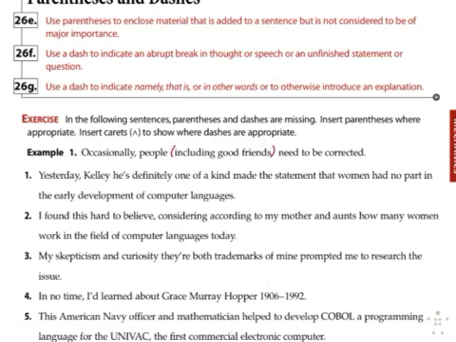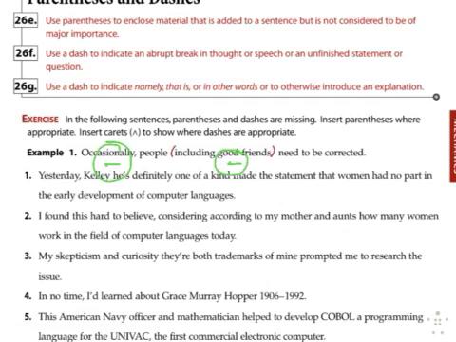It's a break in my thought because I'm describing him. So in this case, we would use the dash. It's this long hyphen, you can think of it that way. So we would have it between Kelly and he's, and then kind and made. And again, I could probably take that out and it would make sense, but it's like I'm adding another thought to this. So that's why we would use a dash instead.